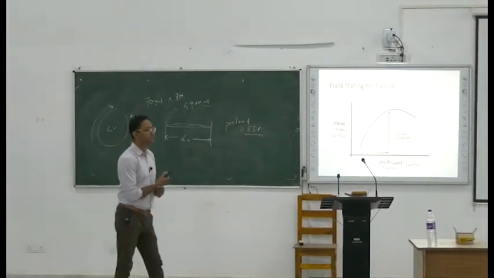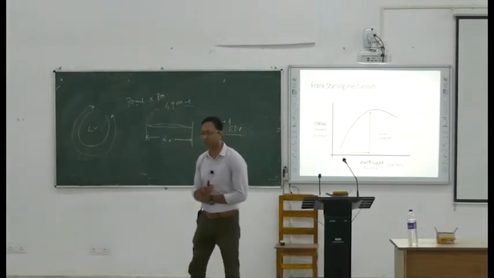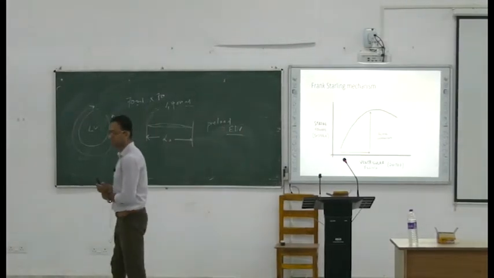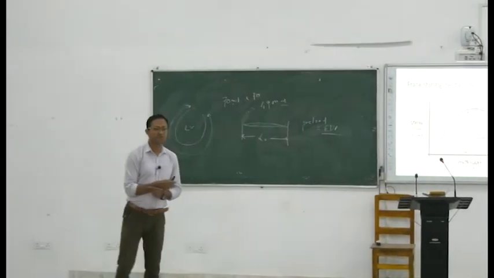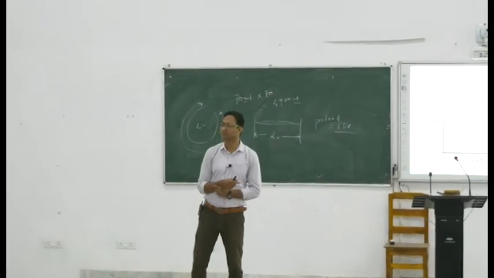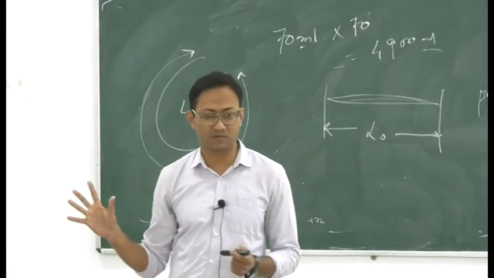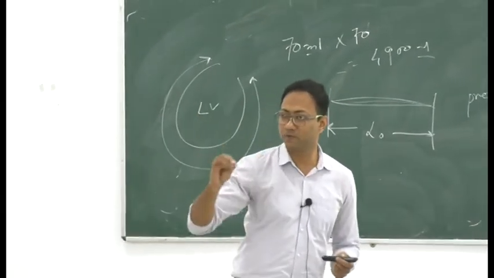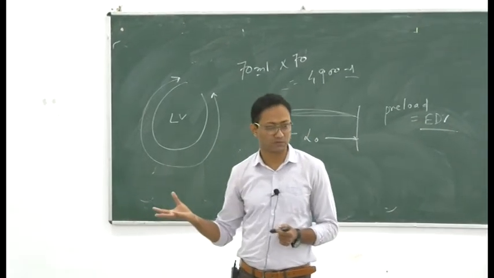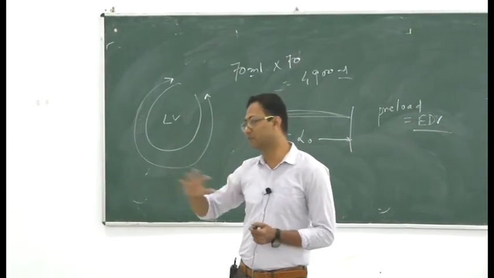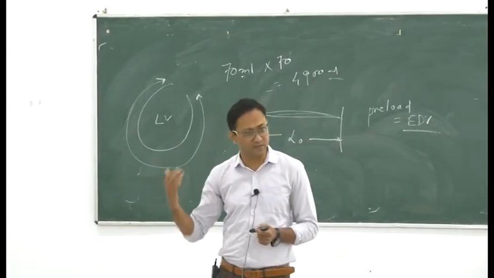Now tell me any condition where preload is increased. Yes, simply if your fluid volume is more. It happens very frequently in the ward where we do not restrict fluid infusion.